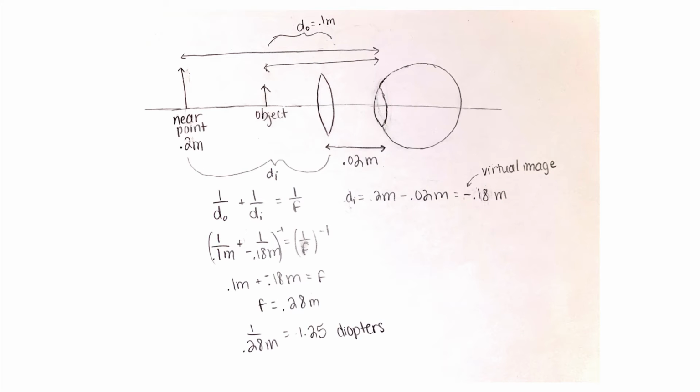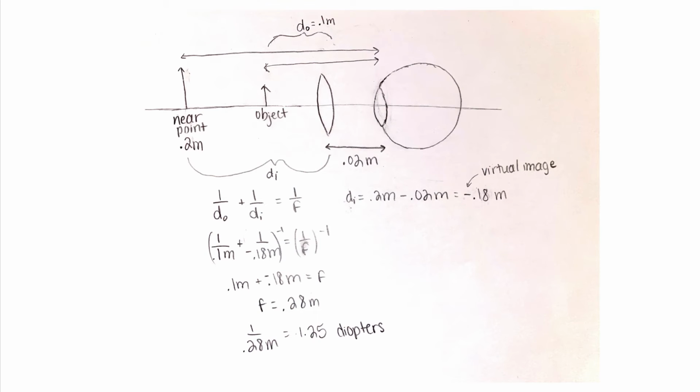Next, we have an example of a hyperopic person. This person's near point, the first point at which a close-up object can be clearly seen, is 0.2 meters, and the glasses are 0.02 meters away from the eye. The object distance to the lens is 0.1 meters. We need to use a converging lens to produce an image further away from the eye so that it can be seen.